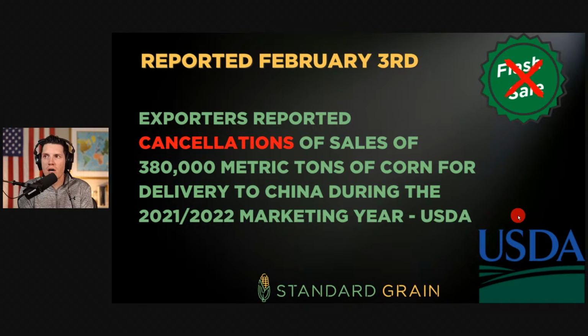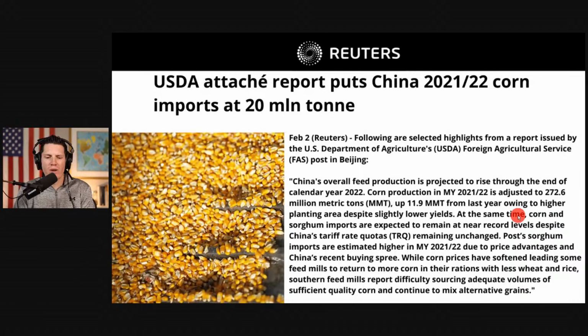I suppose this opens the door to some questions. Is China really serious about buying as much corn, or actually taking delivery of as much corn as they have purchased? Is USDA overstating Chinese corn imports for this year? That brings me to my next news item here. Earlier this week, I think this was on Wednesday when it was reported, USDA's China attaché office believes that the country will import less corn, as a matter of fact.